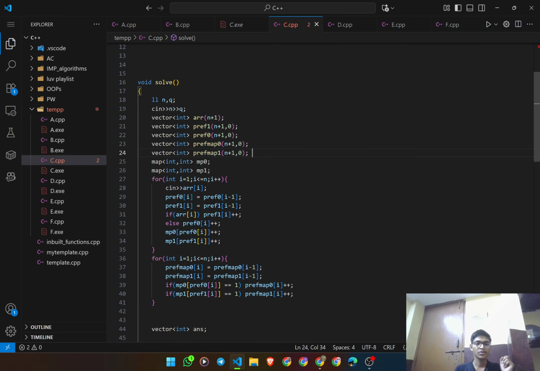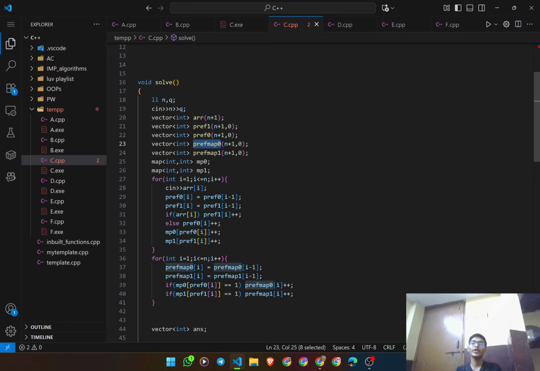So this is the prefix map which represents how many consecutive ones are present or not there. Okay, if consecutive ones are not present there, we will increase.